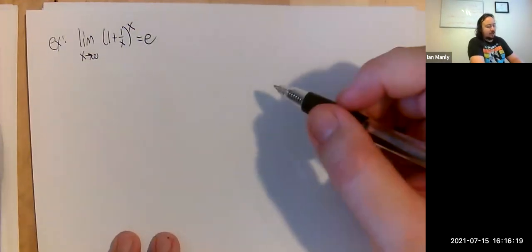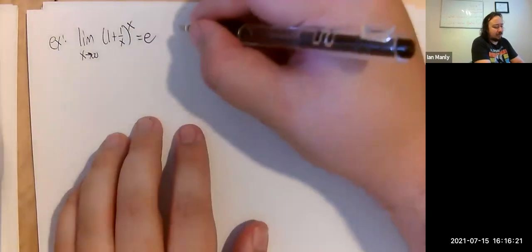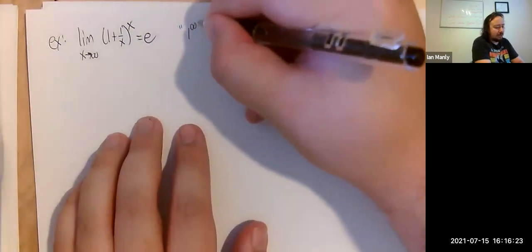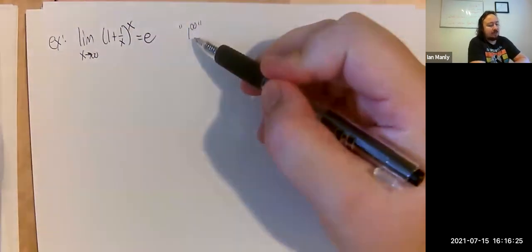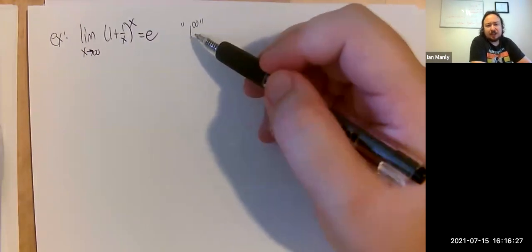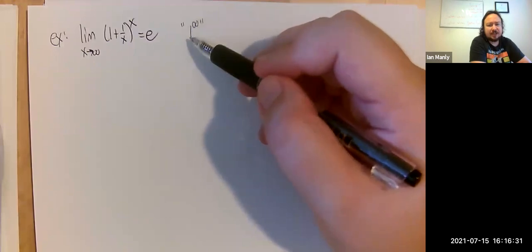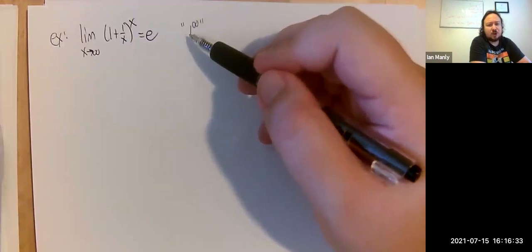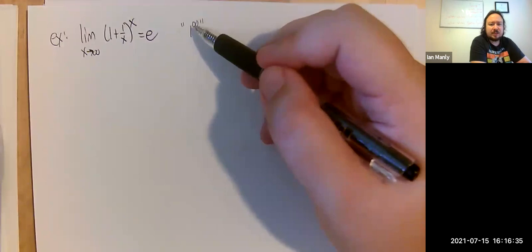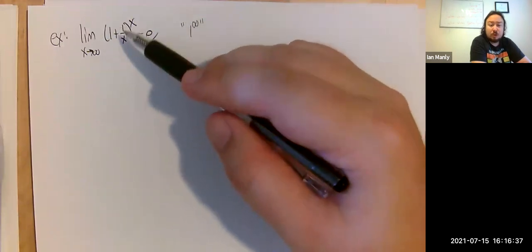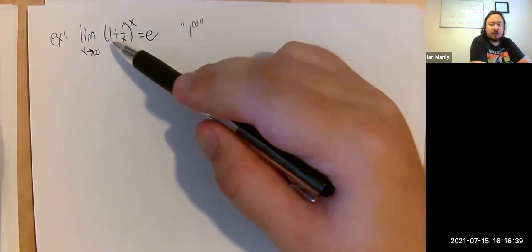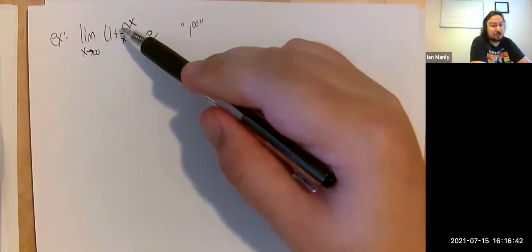All right. So this is going to be an indeterminate form, 1 to the infinity. Now, this one may seem kind of strange. If you keep multiplying 1 by itself, no matter how many times you multiply it, it should still be 1. But we've got to remember that these are things that are just approaching 1. Like for example, 1 plus 1 over x will never actually be 1.